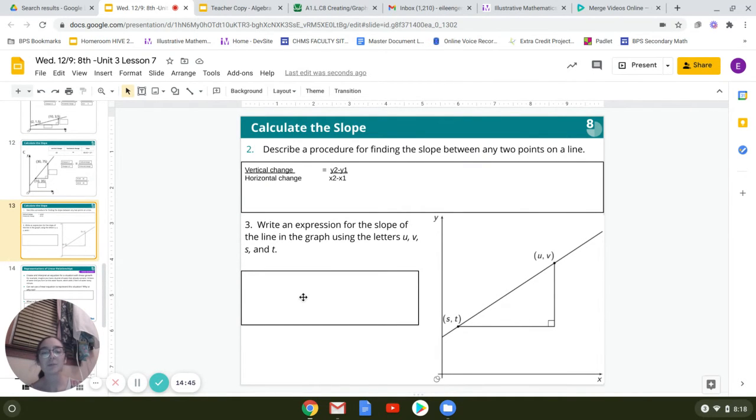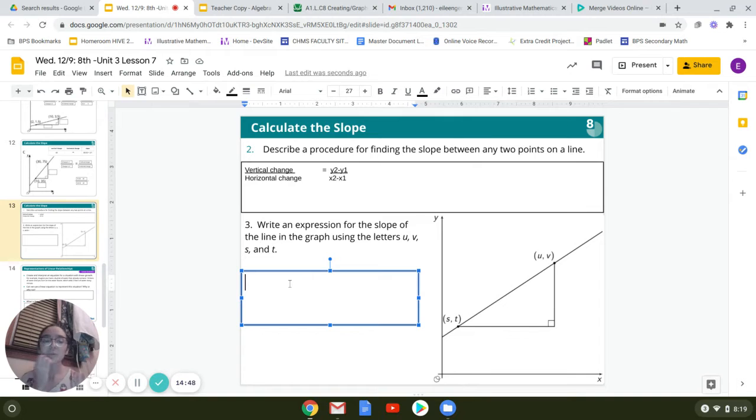If we're writing it using these letters, we would write y2, which is which letter? v. Looking at these two coordinate points, our y2 minus our y1. What's our y value in the second coordinate? It's v, and we subtract from that our y1, which is the letter t, divided by x2 minus x1. In the second coordinate point, the x value is u, and from that we subtract x1, which is the letter s.